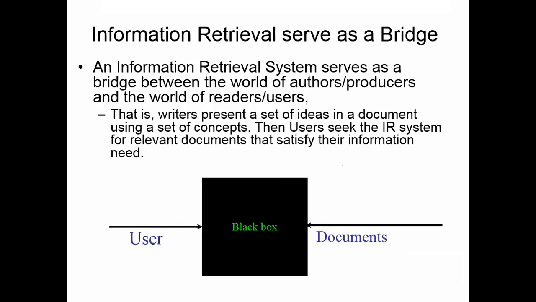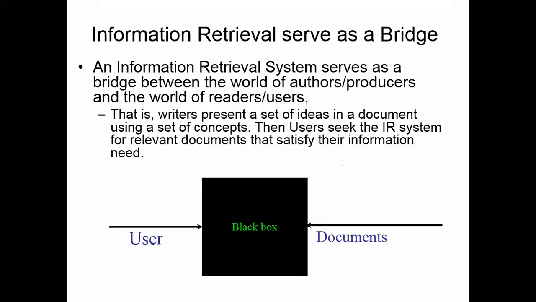The reader's world is where users want a document to read, visualize, or hear, depending on the type of the data and the document. The author's world is where those documents are prepared, written, or produced, again depending on the data type. So there are two worlds when we come to information retrieval: the reader's world and the author's world. How can we bridge the gap between the two worlds?